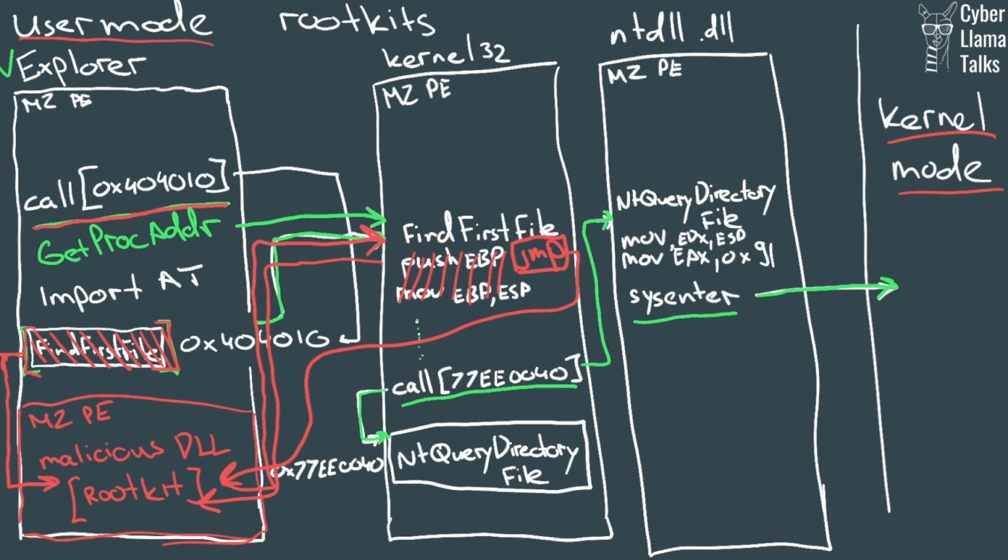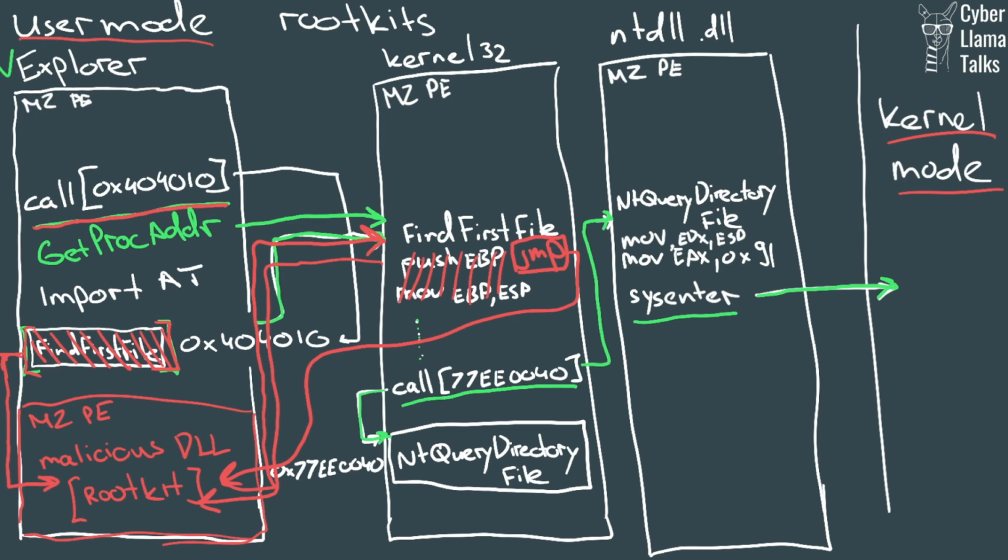The malicious DLL then can, for example, substitute the return address with its own and then continue execution of the kernel32 DLL. Then when kernel32 returns, instead of returning to the original benign Explorer.exe, it would return to the malicious DLL first, and then the malicious DLL will filter the results again. So that would be another way to do it.